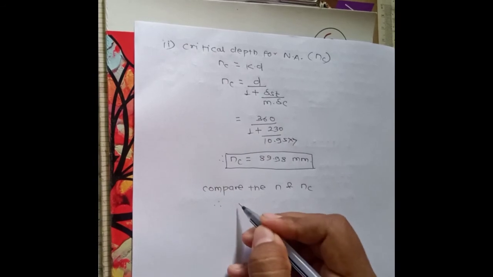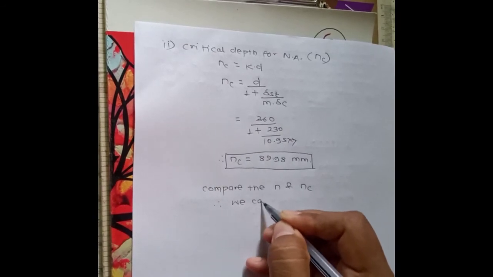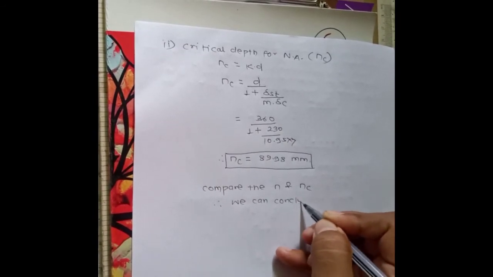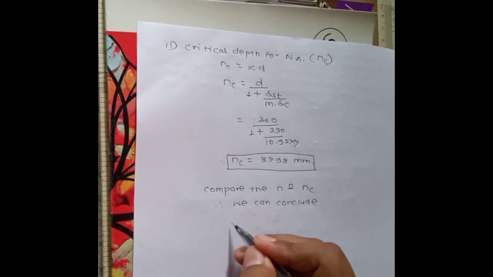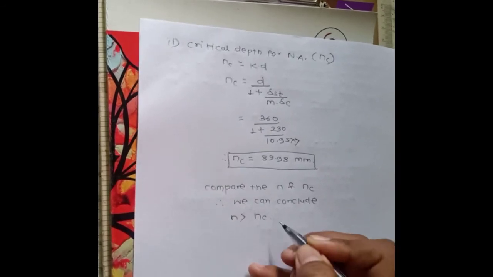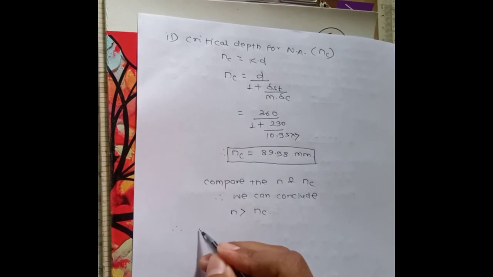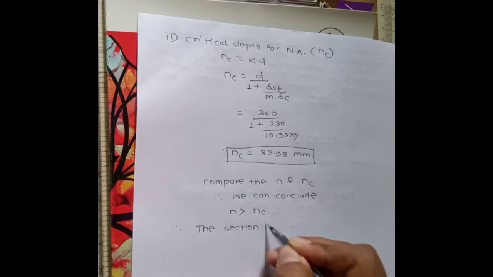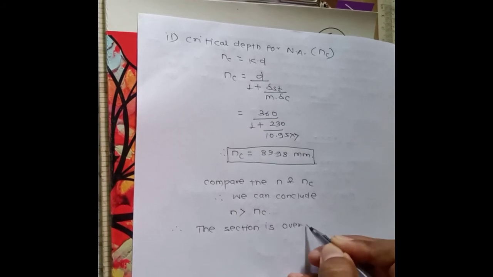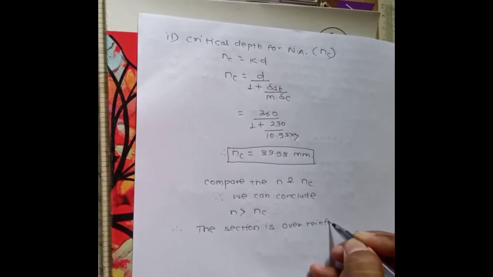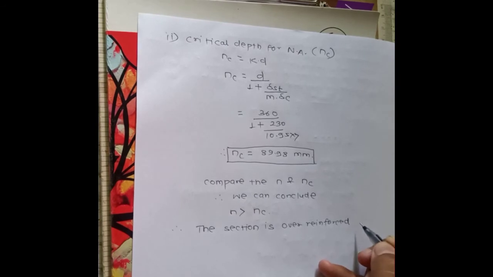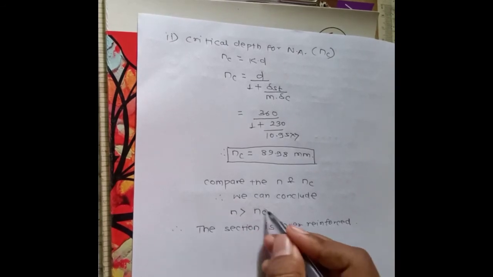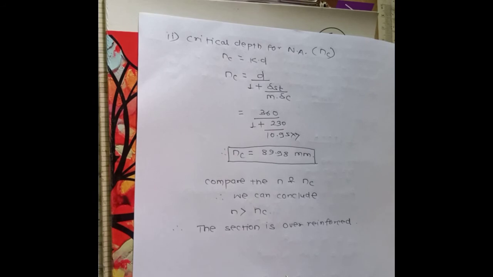Therefore we can conclude n is greater than nc. So therefore the section is over reinforced. So this is the condition of an over reinforced section.